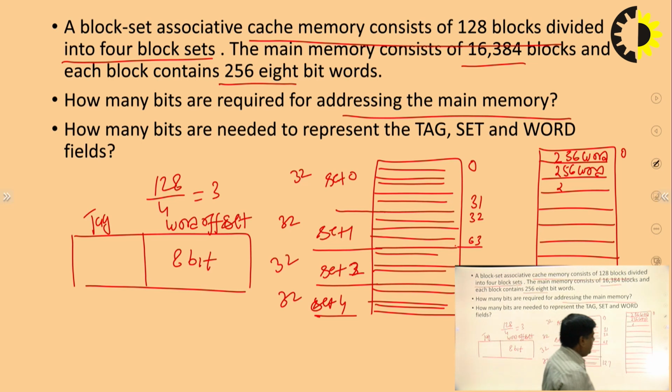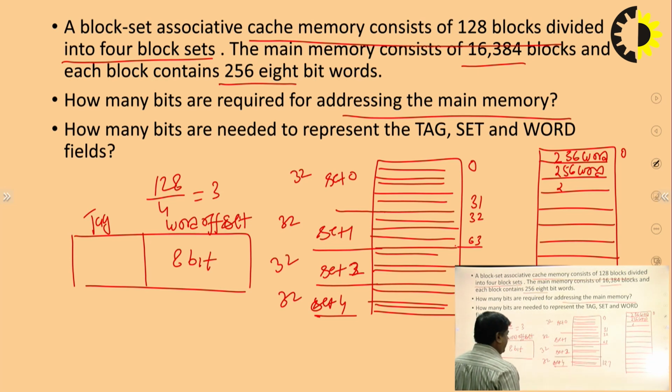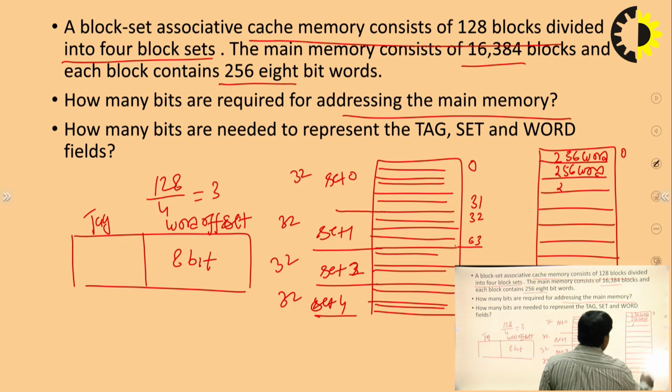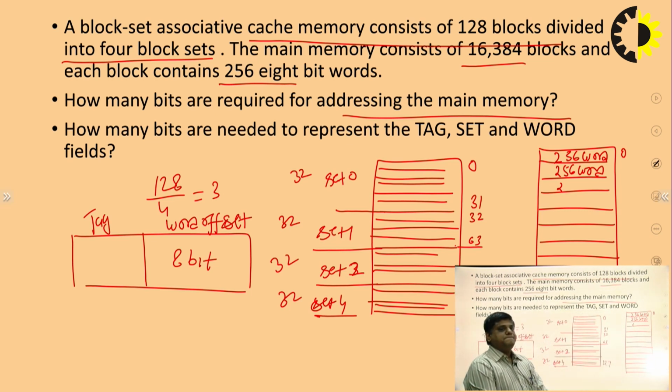And if we calculate this figure into 2 to power n format, then that is the number of bits. I think 2 to power 16 or 17, I can easily calculate the value.